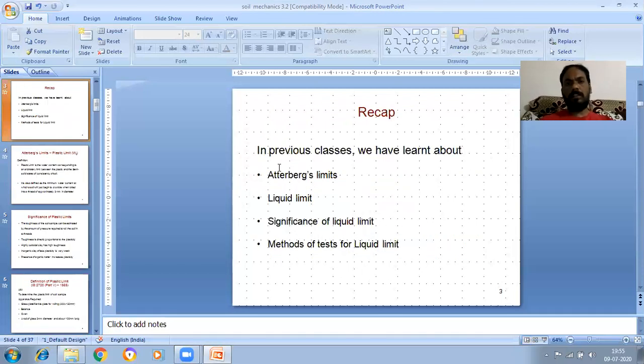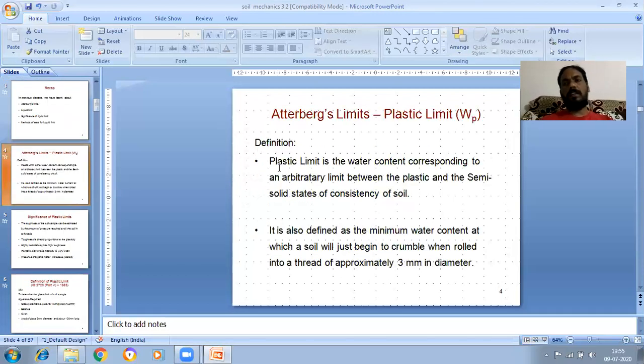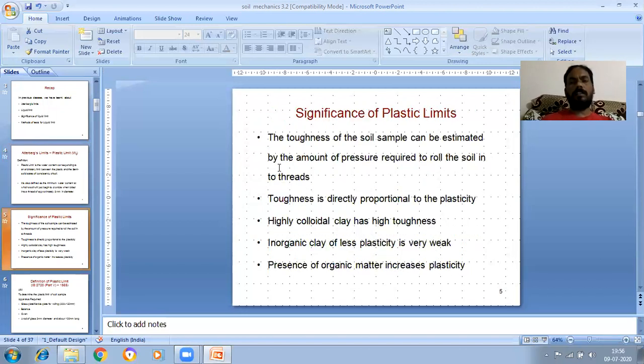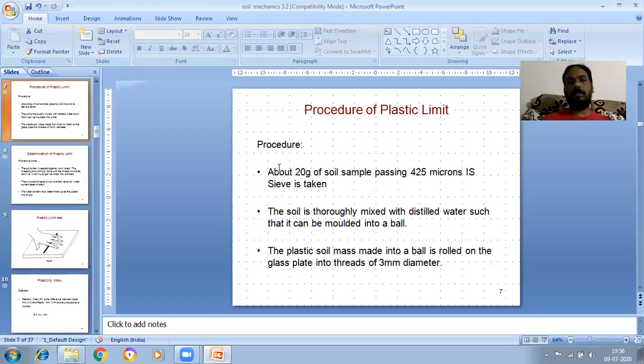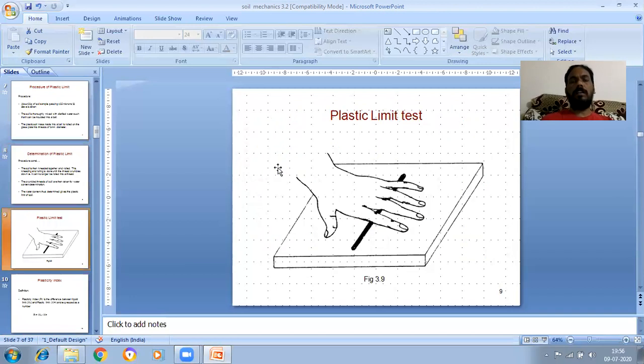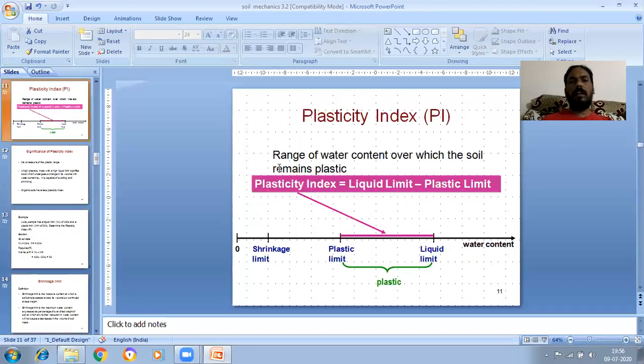Today's class covered the remaining limits, the other Atterberg limits: plastic limit and shrinkage limit. What is the plastic limit definition, what is its significance, and how to determine it. Similarly, the importance of shrinkage limit, and how to determine it experimentally.